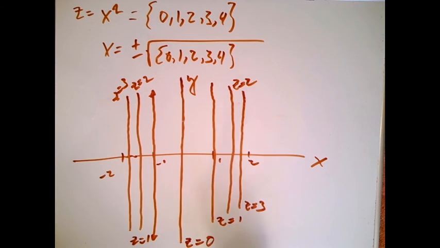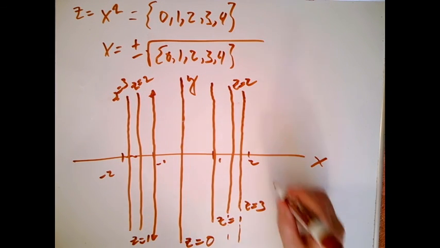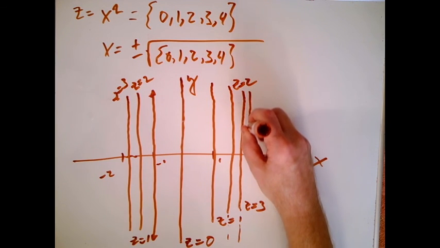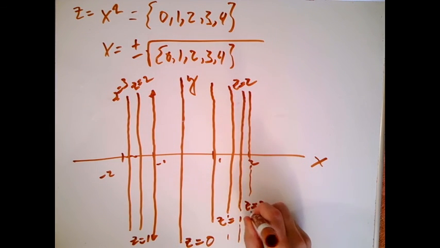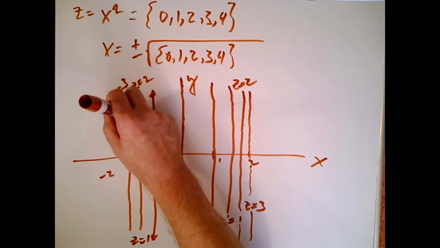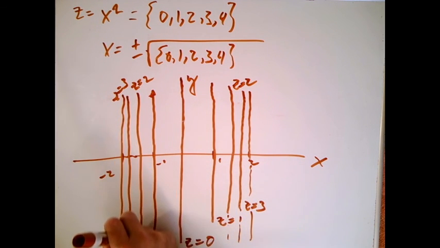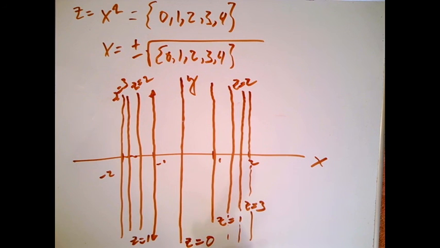And the last contour we decided to draw, I guess we can carry these further, is x equals plus or minus the square root of 4, which is x equals plus or minus 2. So this is going to look like this, and like this. And that's enough of a contour diagram that we can draw by hand for this particular thing.